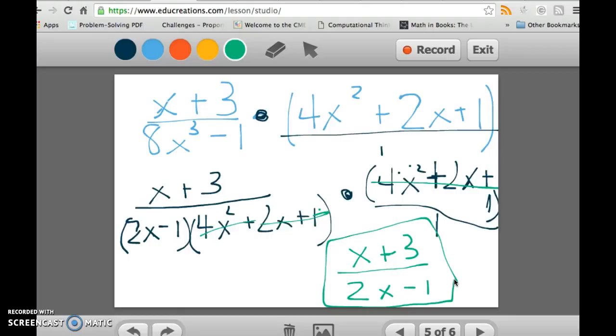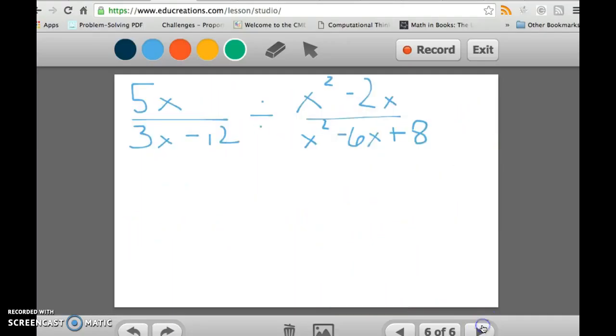And I'm just double checking. Yeah, that is right. Okay, last one for this video. What happens if we divide fractions? Now, whether we're adding, subtracting, or dividing, we've got to make sure we factor everything.